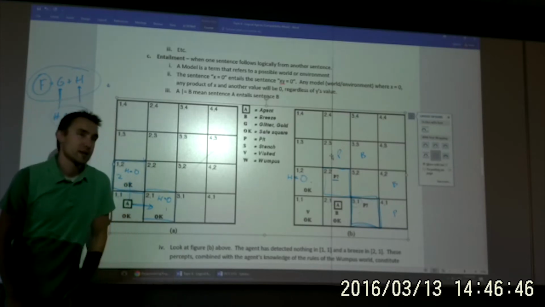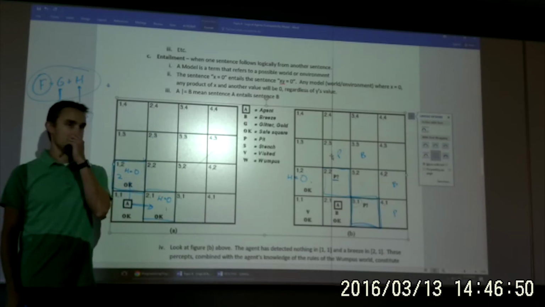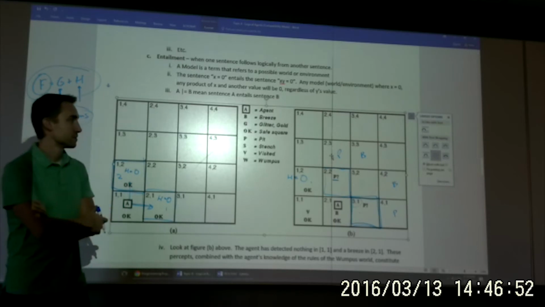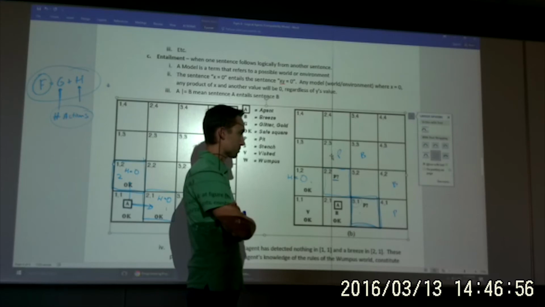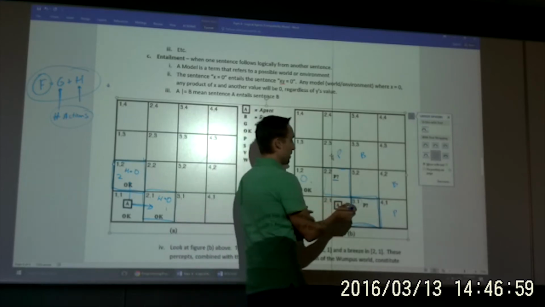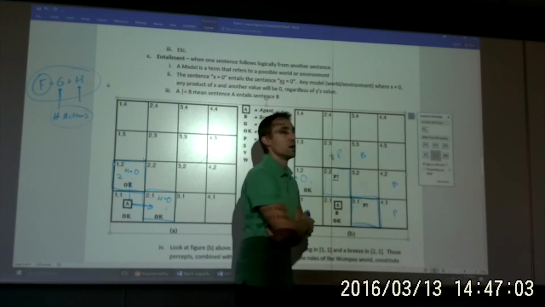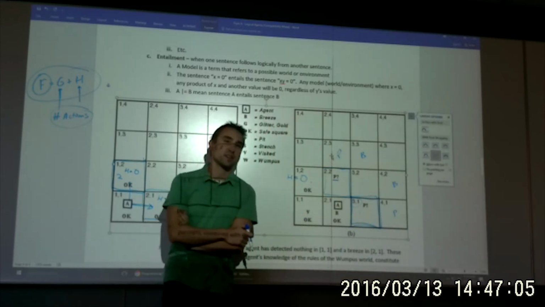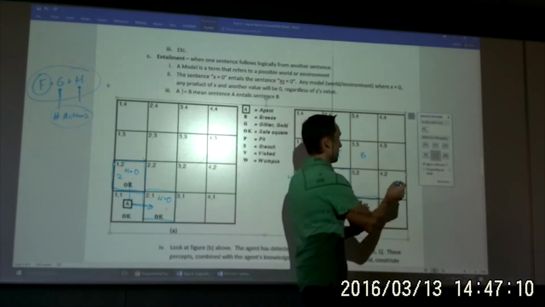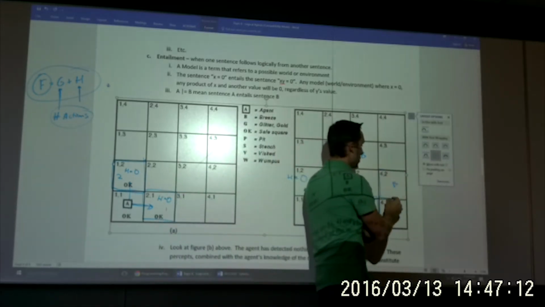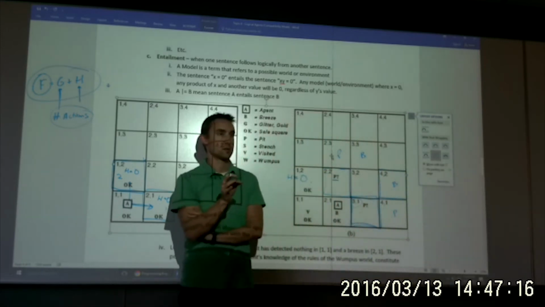But is there a way that we can calculate it more definitively? Yeah, like if there was no breeze in 3-1, you would know that 3-2 doesn't have a pit. Okay. What if we haven't gotten here yet? Okay. So this is where it gets tricky. When you have a breeze here, you look at the number of adjacent tiles to the breeze.